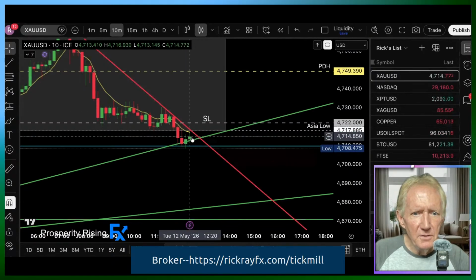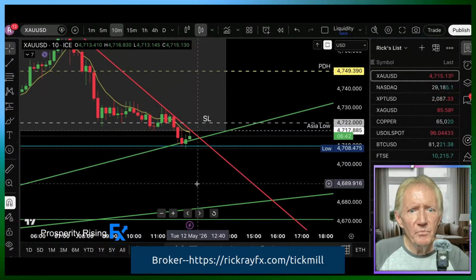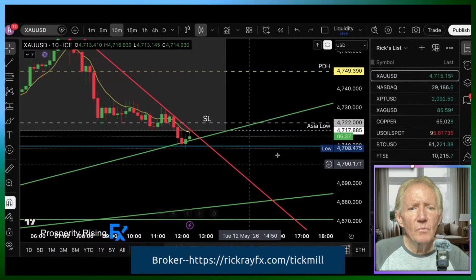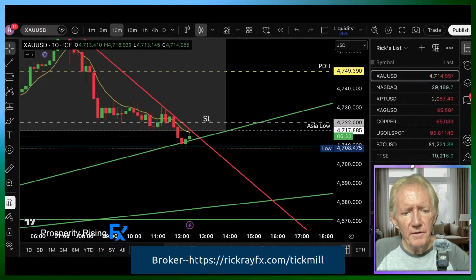Yeah, it looks like it's just kind of bouncing off of that 8 EMA. In fact, let me go over and look at the 5-minute chart right quick on my other screen. Yeah, okay, we're still good.